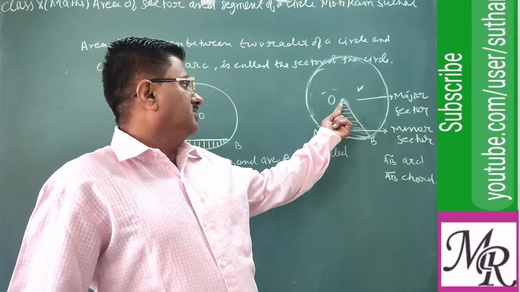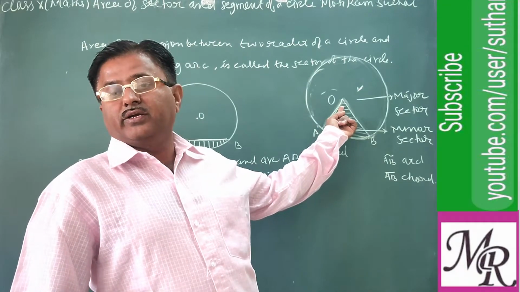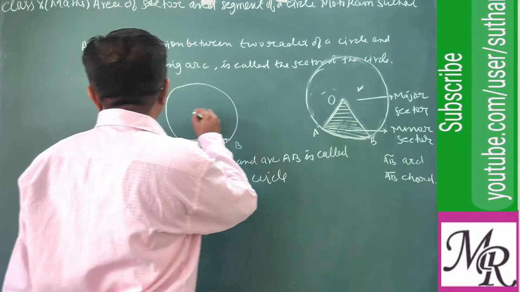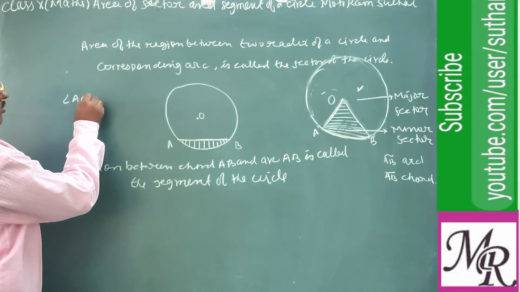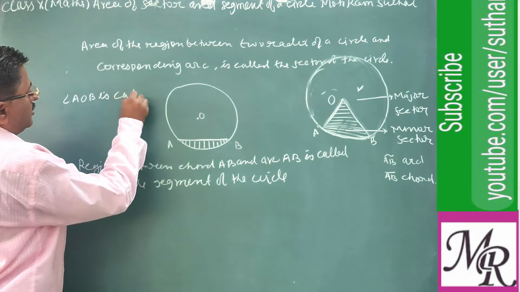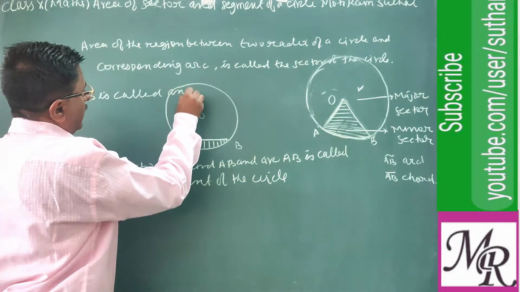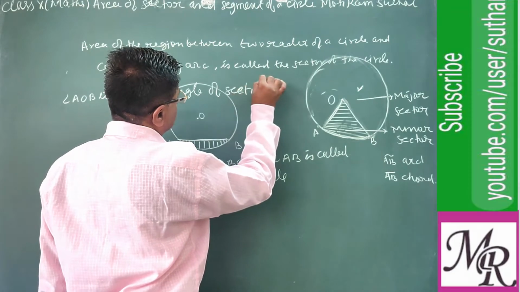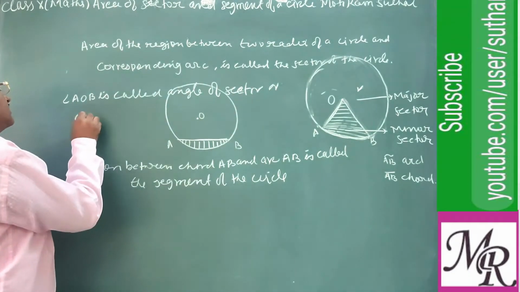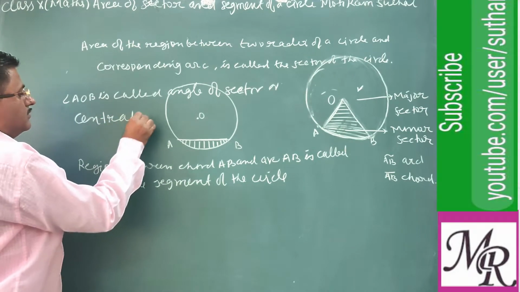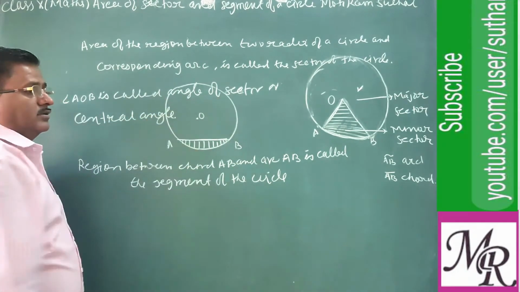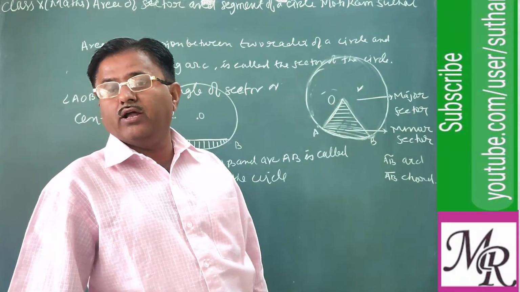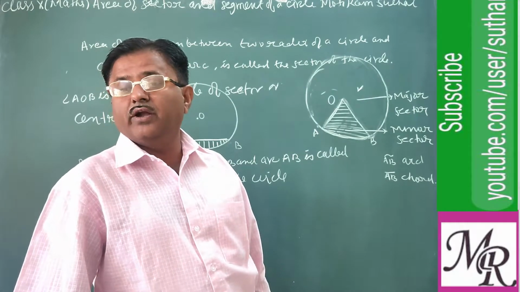When this angle is less than 180, that is the corresponding minor sector. This angle, angle AOB, is called the angle of the sector, or you may call it the central angle.